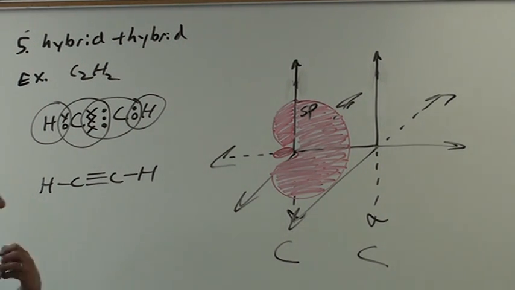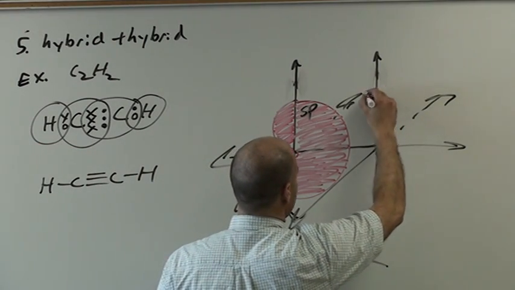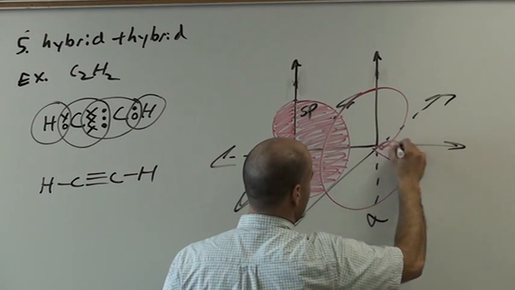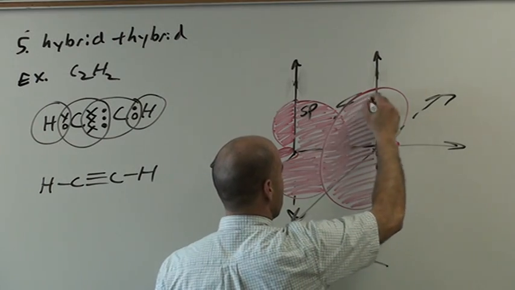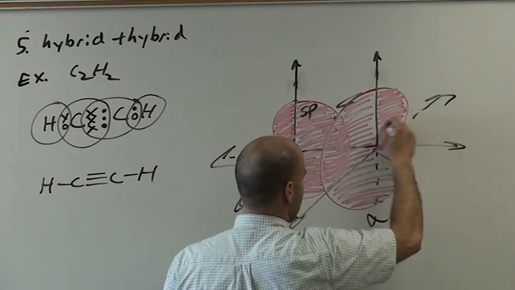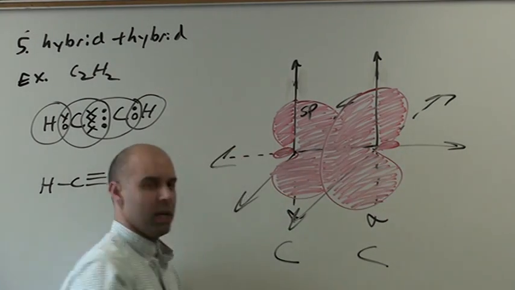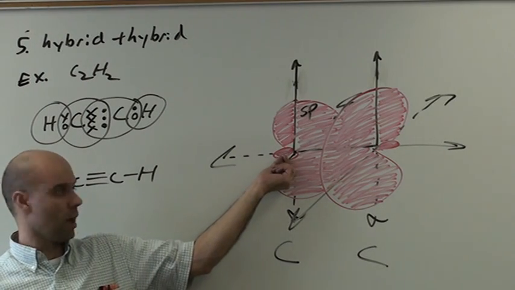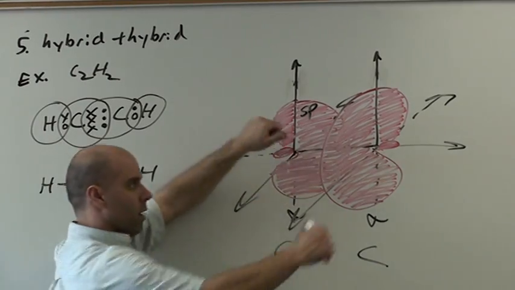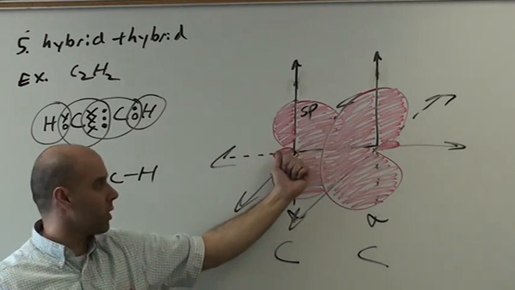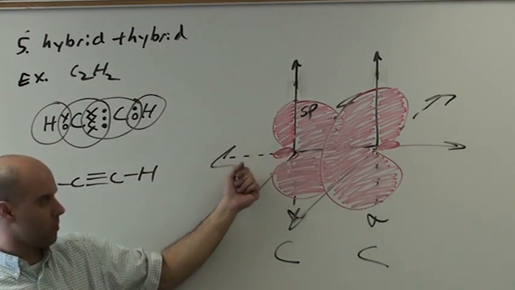And then the other sp that's forming the first bond is on this carbon, and it's facing the other way. Now remember, each carbon has 2 kidney beans, one facing that way, one facing that way. But I'm only drawing the ones that are facing this way and bonding. I'm not drawing the kidney beans that are facing away.